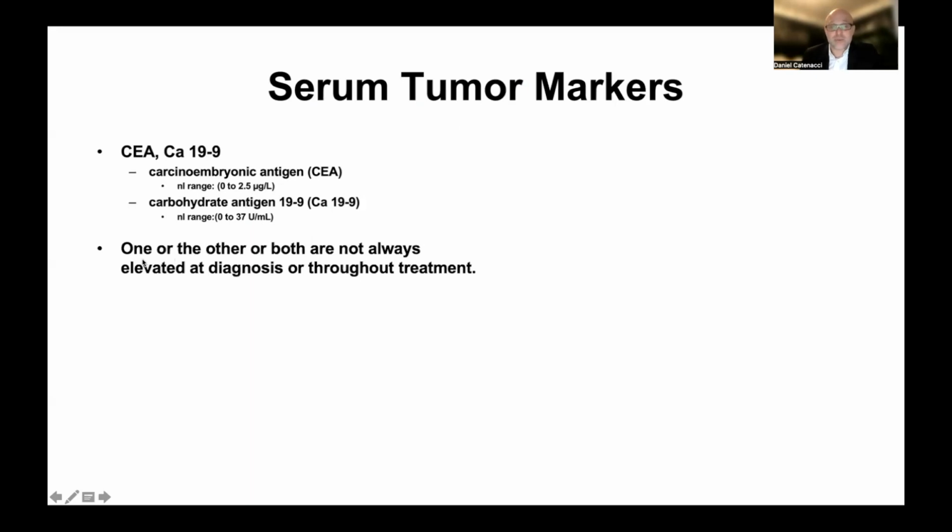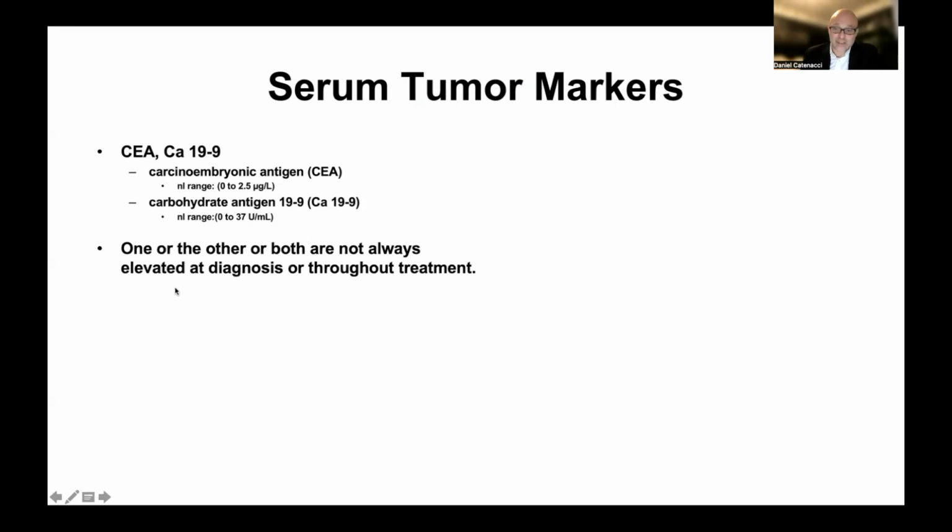And as I was alluding to, one or the other or both are sometimes not elevated in every patient's cancer, even in gastroesophageal cancer, even at diagnosis or throughout treatment. Now, we'll still check it occasionally in that setting just to see, because sometimes they do start to elevate over time.